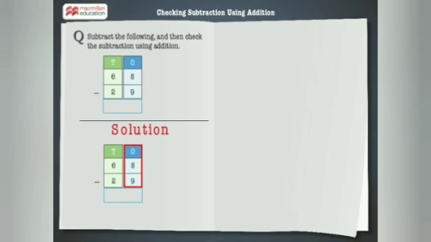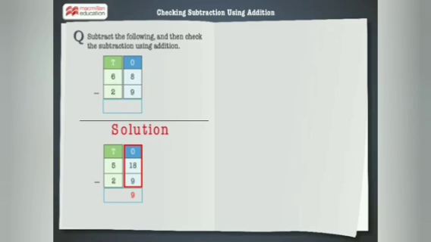That is 8 minus 9. Since 8 is smaller than 9, we cannot subtract 9 from 8. So, regroup 68 as 5 tens and 18 ones. Now subtract 9 from 18.